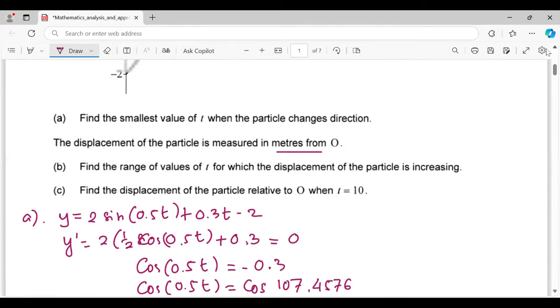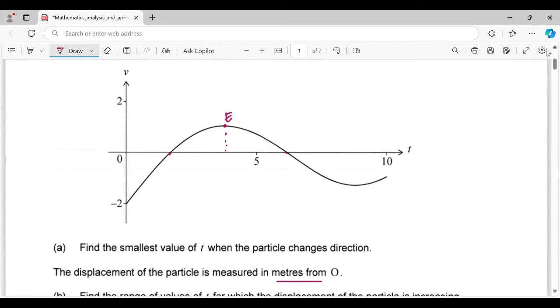Okay. So actually, the particle is increasing from this point to this point.